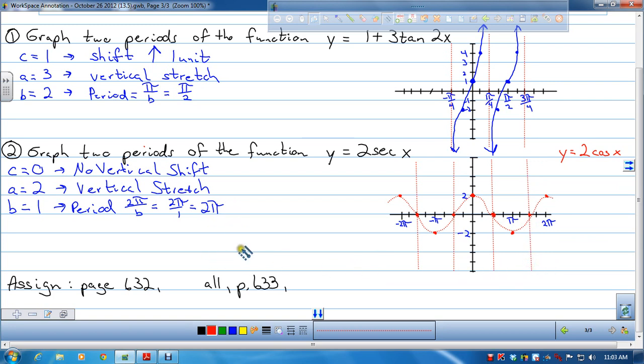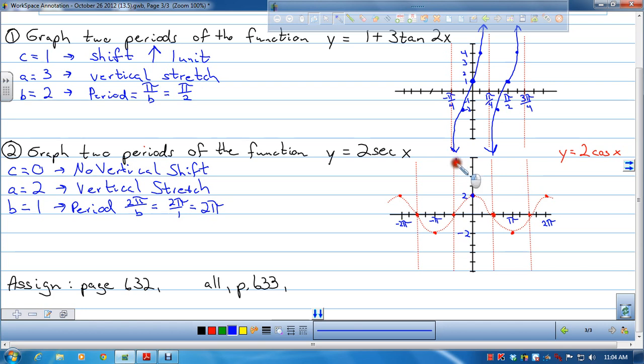So then I think about my actual graph of the one I want to get to for secant. Make sure I'm going solid here. And remember, it goes in the opposite direction as its reciprocal function. So if I start here, this went down, so it should go up. This went down, so it should go up.